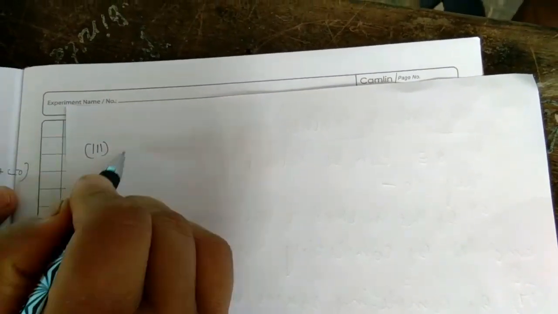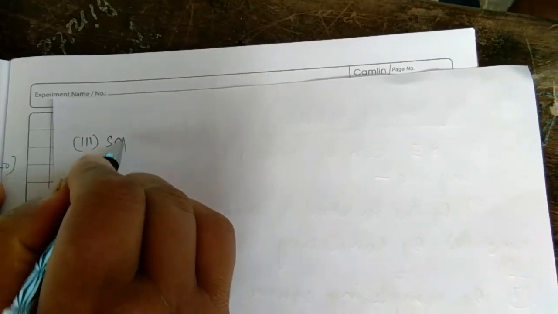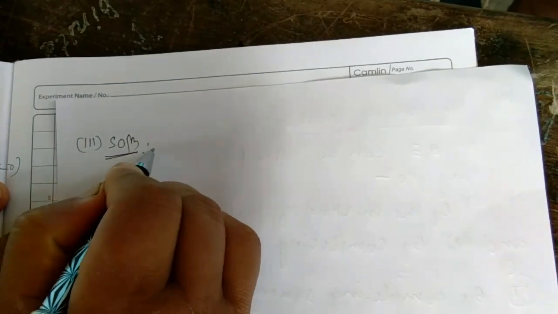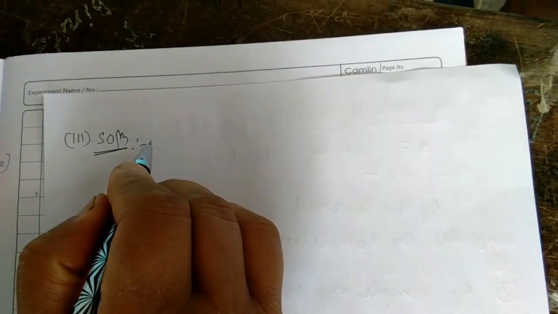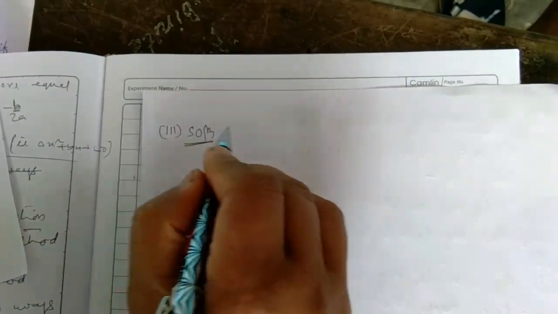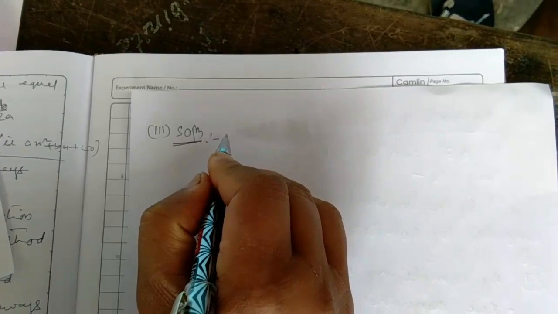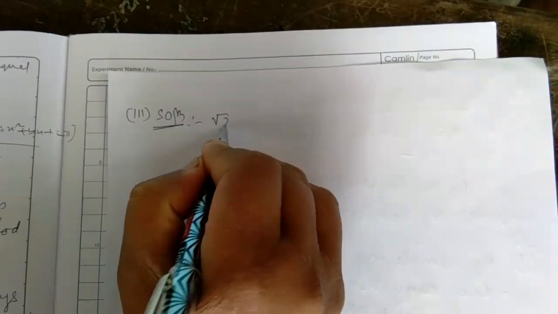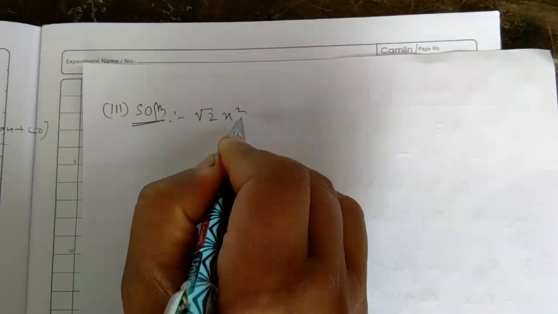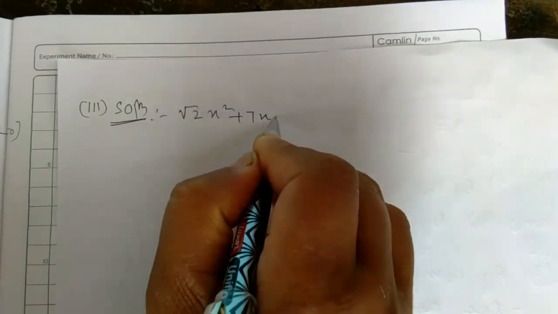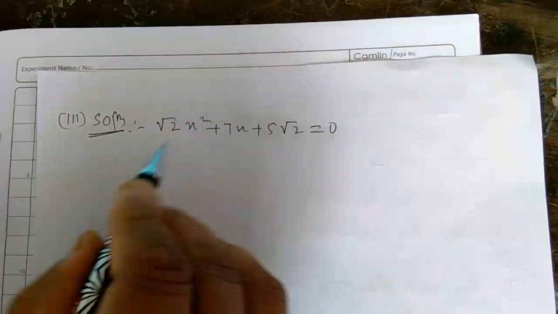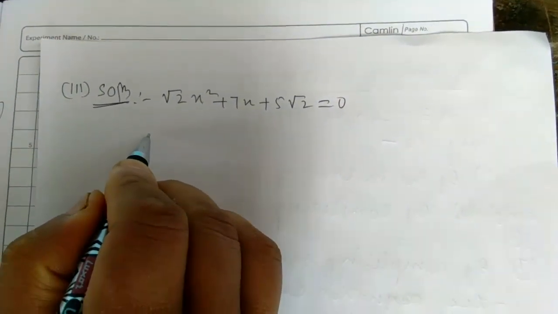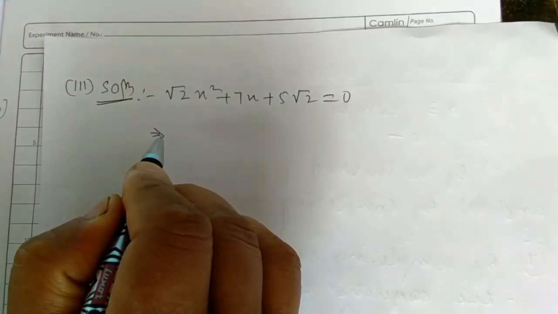Question number 2, 3 solution. Root 2 x square plus 7x plus 5 root 2. Same method as before, but sorry, not completing square.